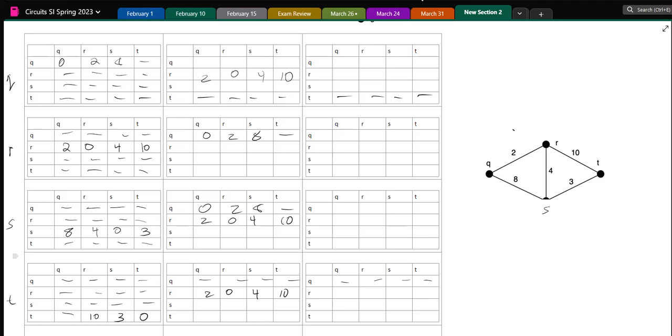S sends to everybody: 8, 4, 0, 3. And T sends only to R and S: dash, 10, 3, 0.